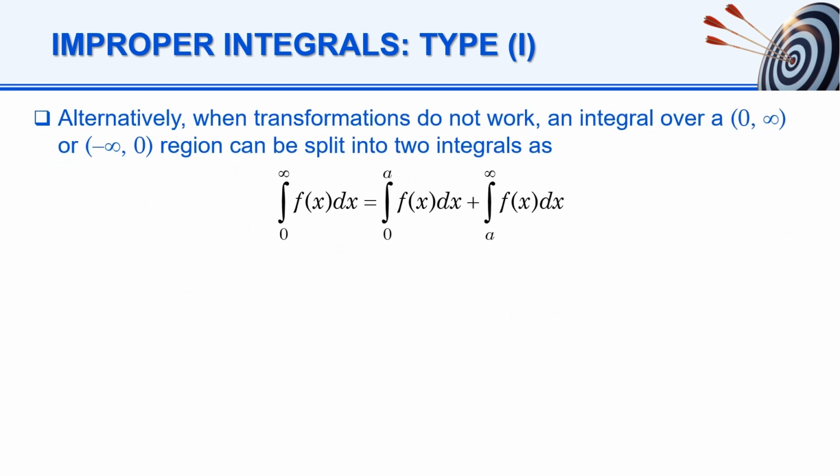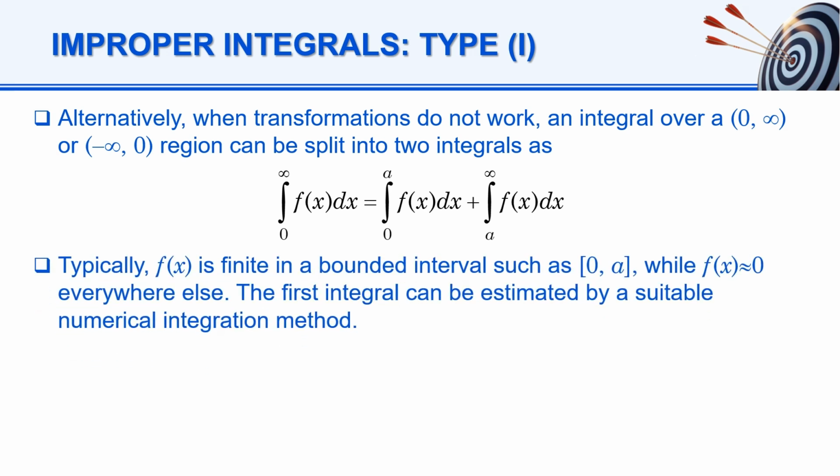Alternatively, when transformations do not work, an integral over a semi-infinite region can be split into two integrals as follows. Typically, f(x) is finite in a bounded interval such as from 0 to a, while f(x) is approximately 0 everywhere else. The first integral can be estimated by a suitable numerical integration method.